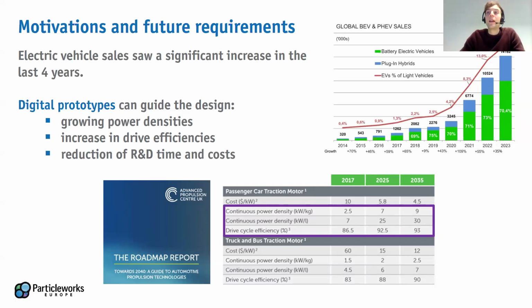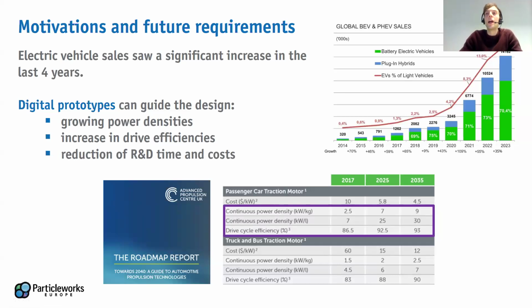At the same time, we see that requirements in terms of power density, so how much power we integrate in this system, are higher and higher. Because of that, we need better cooling methods for electric motors.